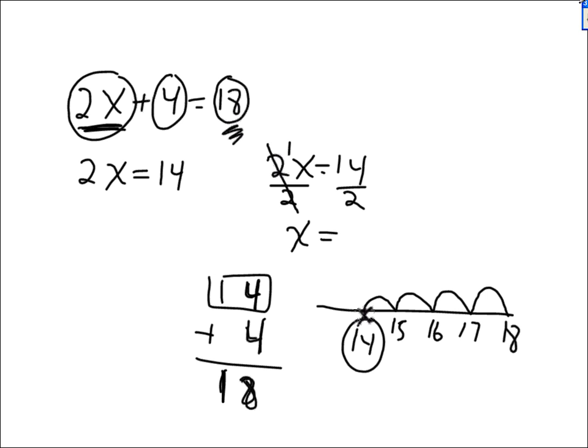1x is x. Now, here is where I don't get why you would divide by 2. Because now, you're going to have to know that division problem. Or, to the left, you'd have to know your 2 times table. 2 times what is 14? And 14 divided by 2.